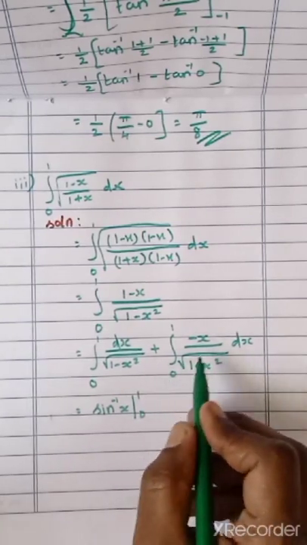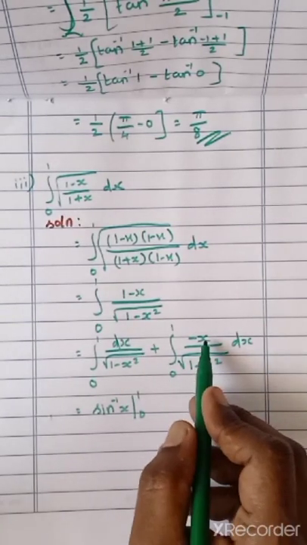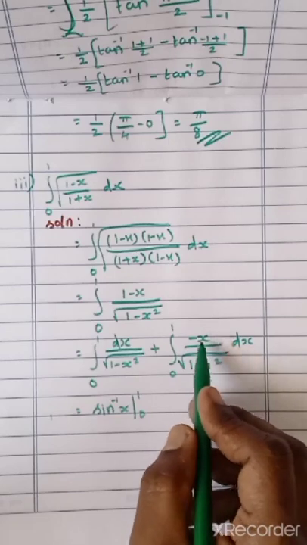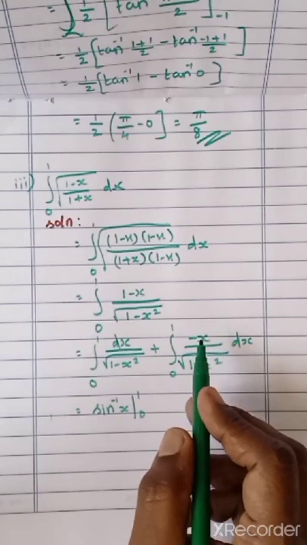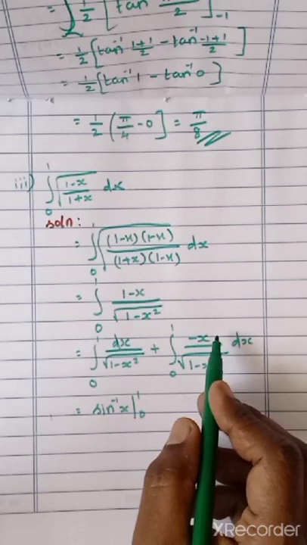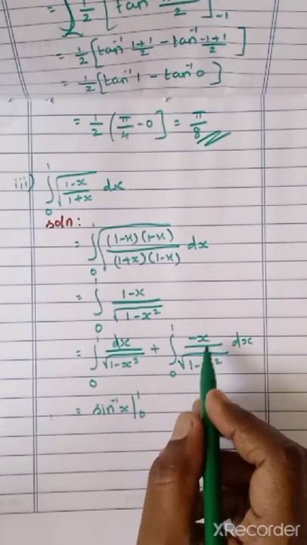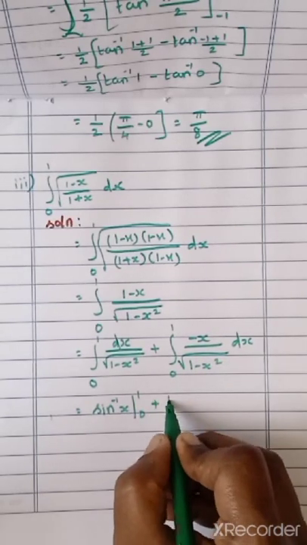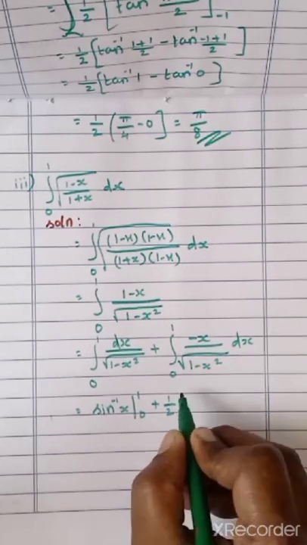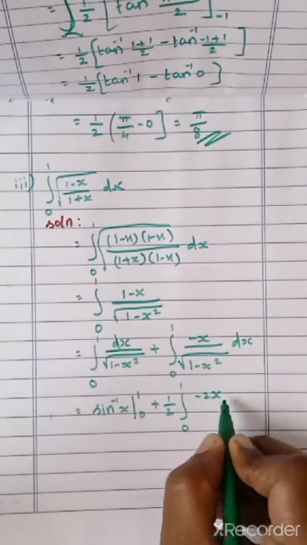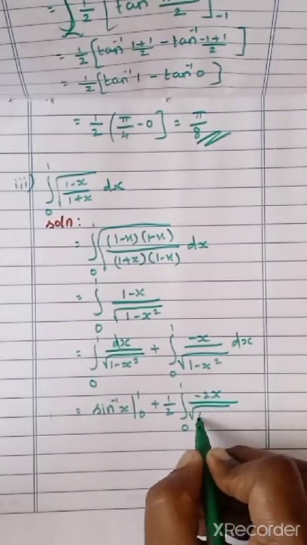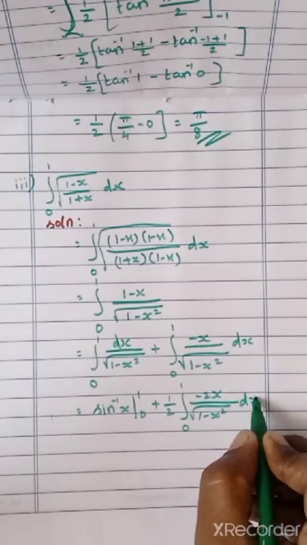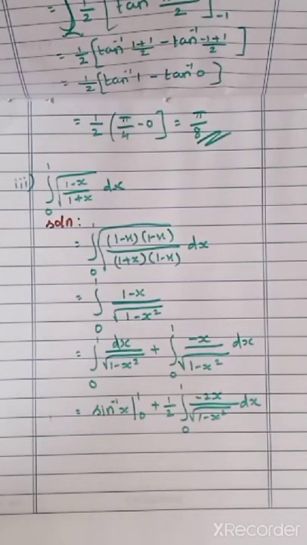Here we can't directly use the formula, because in the numerator we have minus x. So what we can do is multiply and divide by 2. So this you can write as plus 1 by 2 integral 0 to 1 of minus 2x by square root of 1 minus x square into dx.